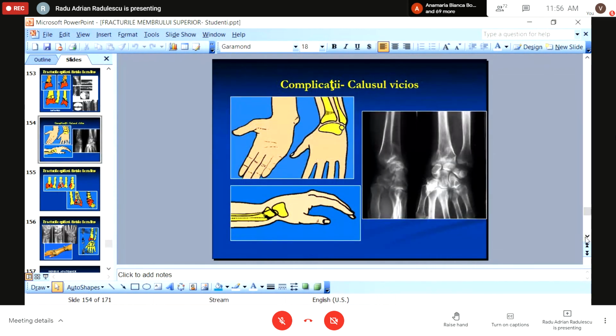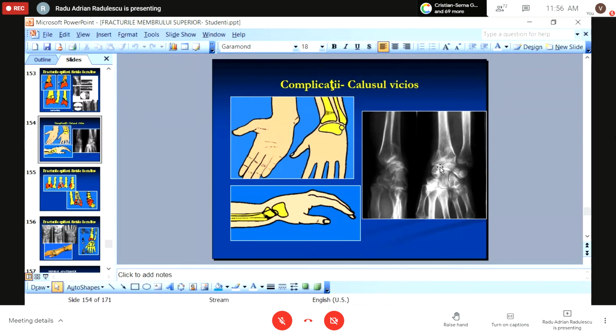Because if we do not maintain it, then we'll get this bad union that you can see here on the X-ray, of course, with the articular surface tilted exactly in the opposite position, so that it faces dorsally. The styloid is ascended.